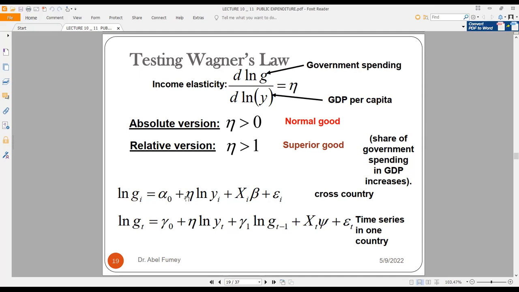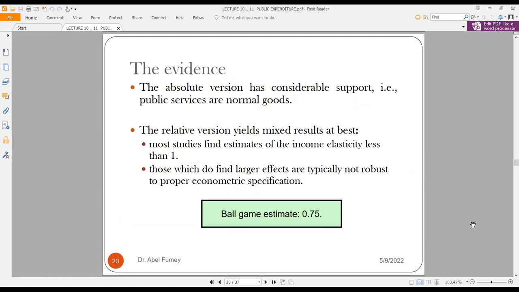So assuming the elasticity here is like 0.5, then it means that if GDP per capita increases by say 1%, we should see government spending increasing by whatever value we have here in percentage terms. So that is what the econometric model talks about. It's time series because we are looking at the growth in government spending, so it has to be data studied over time.